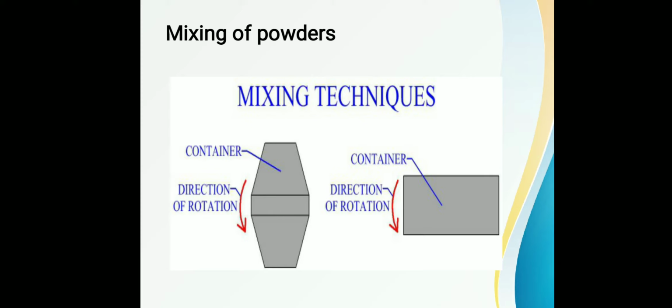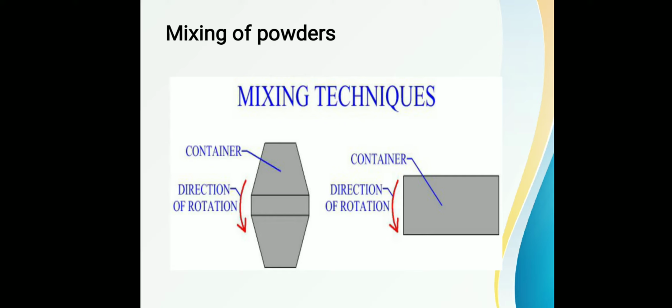The individual powder materials are often blended first and then mixed with the other powder. Mixing is performed by a variety of mechanical methods, such as containers, drums, and stirring mechanisms.